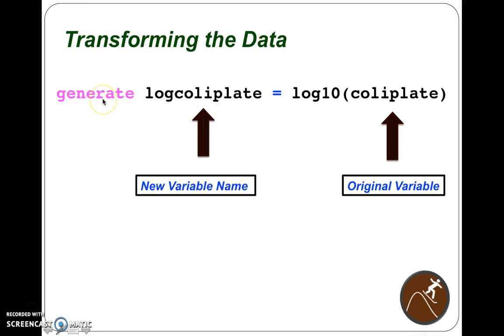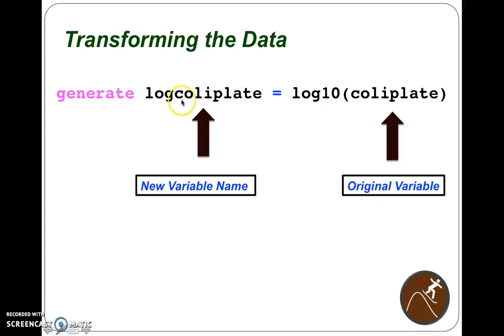So we're going to use this generate command, and we can give it a new variable name. You can call it whatever you want, Colonel or John, whatever you want. But I like to call it things that make it easier for me to remember. So I'm going to call it generate log Kohli plate. That's my new variable name.